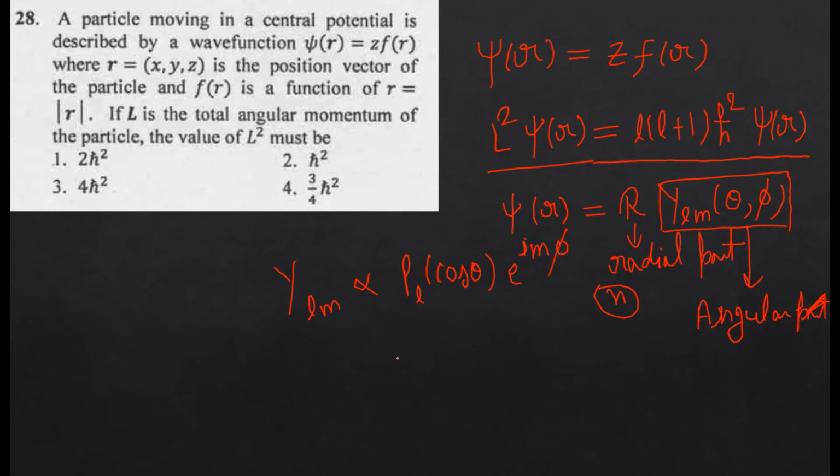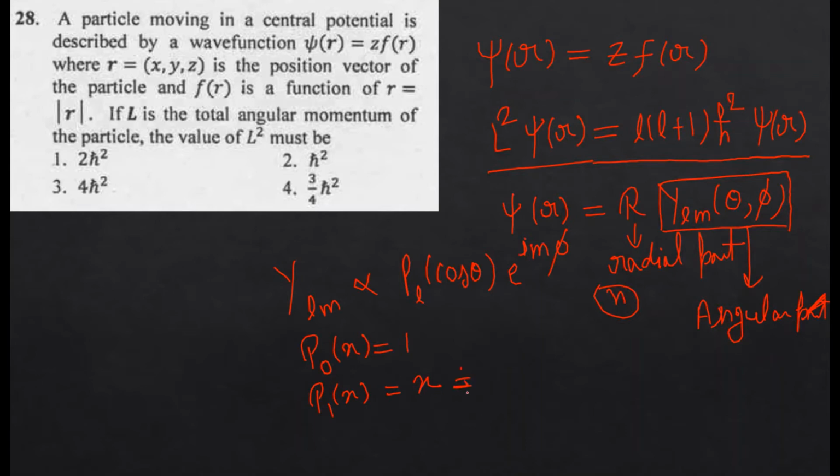So what you should know are the Legendre polynomial P l cos theta values. P0 x is 1 and P1 x, here our x is cos theta, is equal to x.